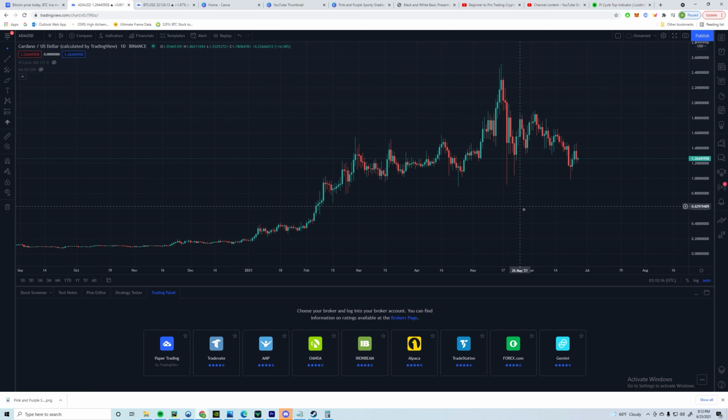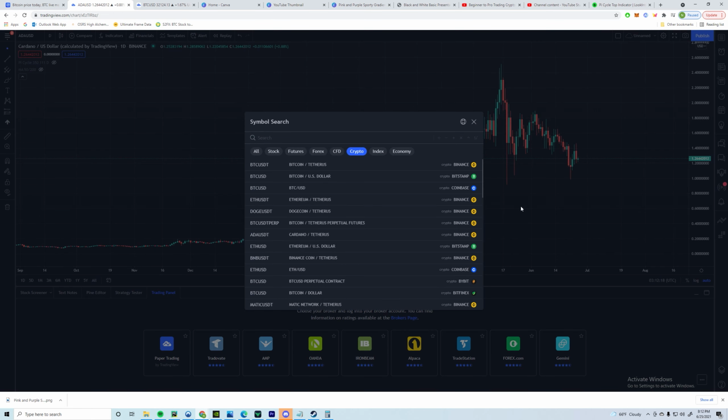And you can really find just about any altcoin that you're looking for, and you can pull up graphs and apply your indicators and take your market analysis from Bitcoin and use it on the altcoins as well.